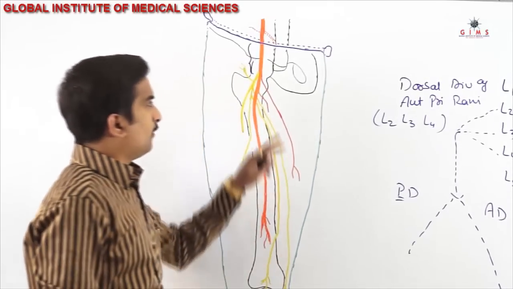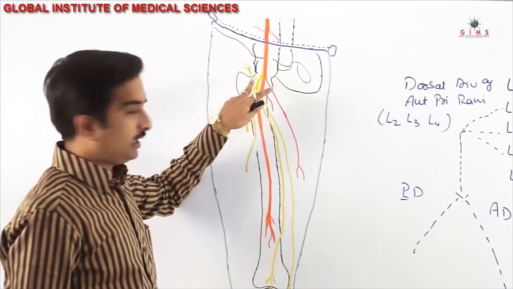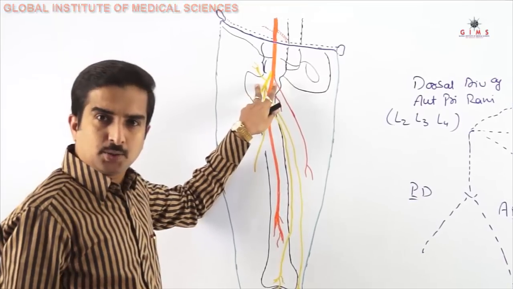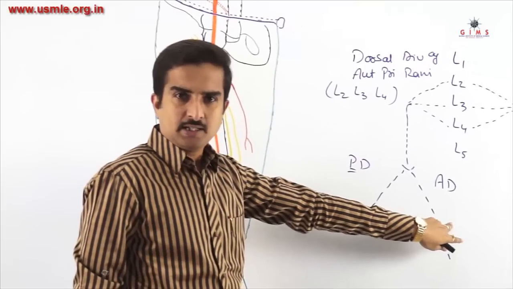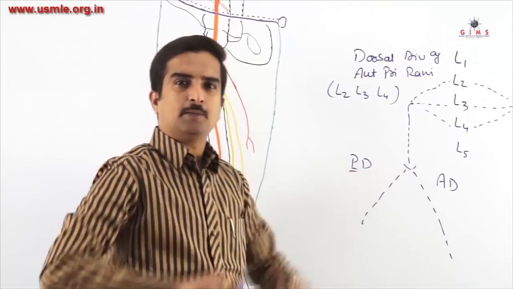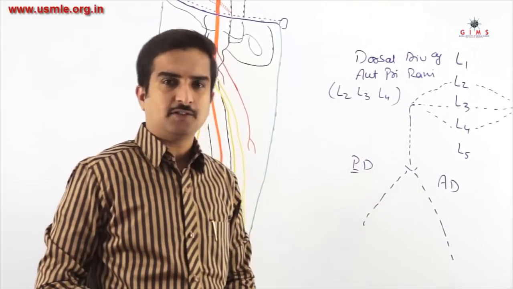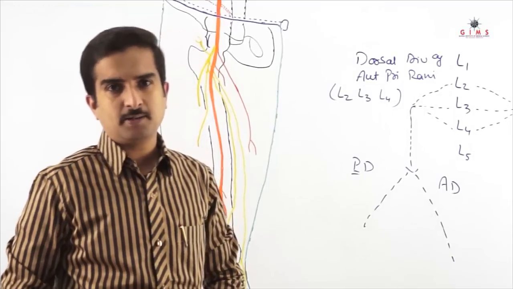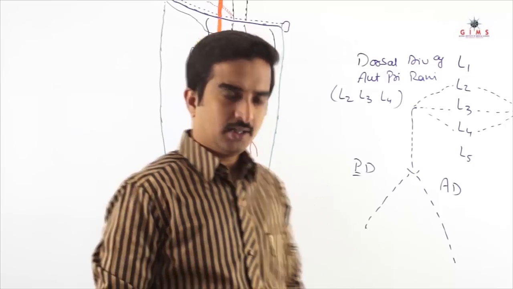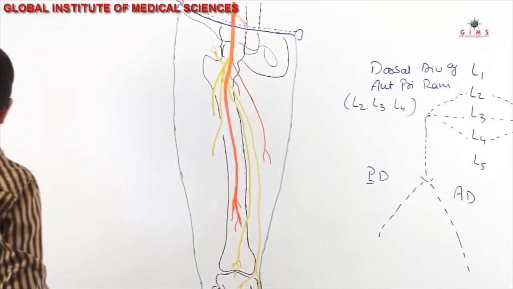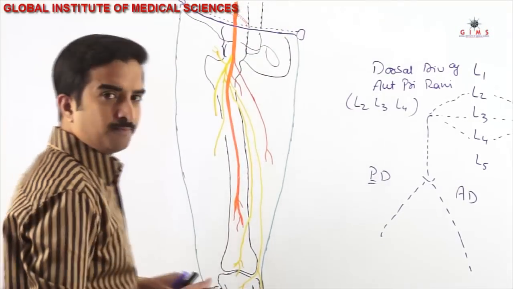As I told you, it is divided into the anterior division as well as the posterior division. The anterior and posterior divisions of the femoral nerve are separated by the lateral circumflex femoral artery. Here I will just draw the lateral circumflex femoral artery.